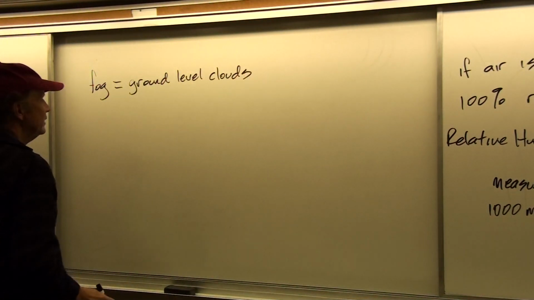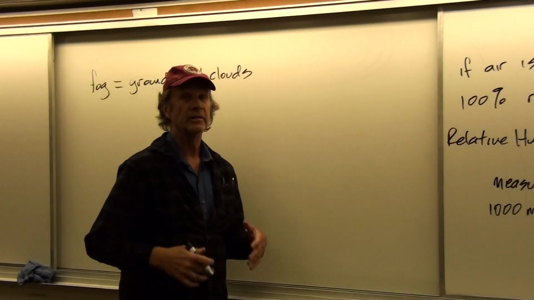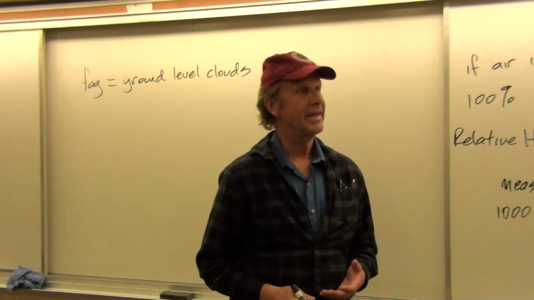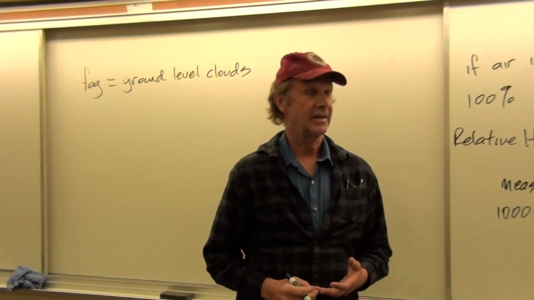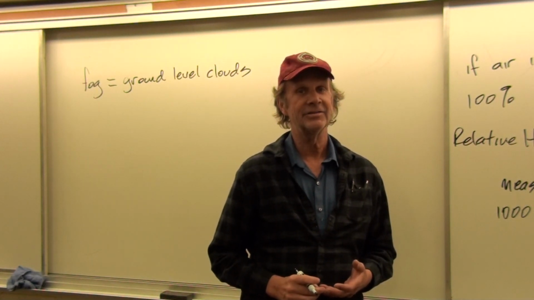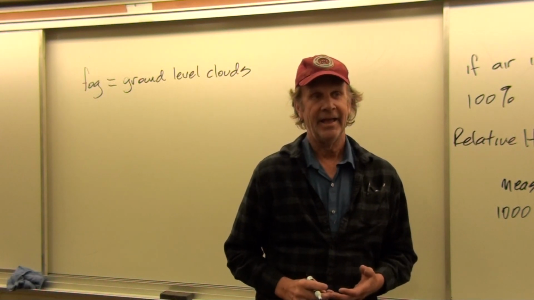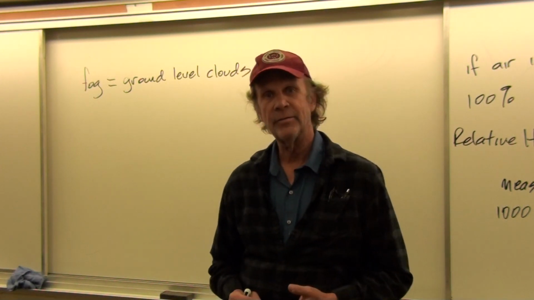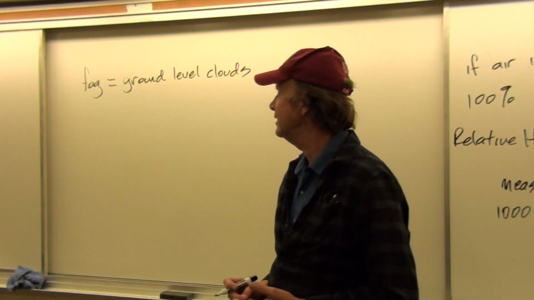So when you're walking through the fog, the misty fog on a kind of dank, dark day, you're walking right through clouds. You're in the middle of the clouds, and the clouds are on the ground. And so we might want to think about, well, why is this happening?